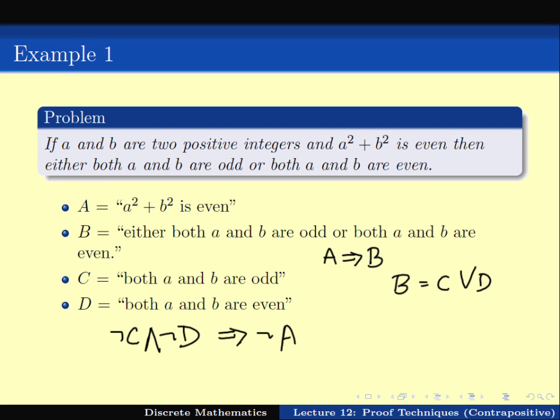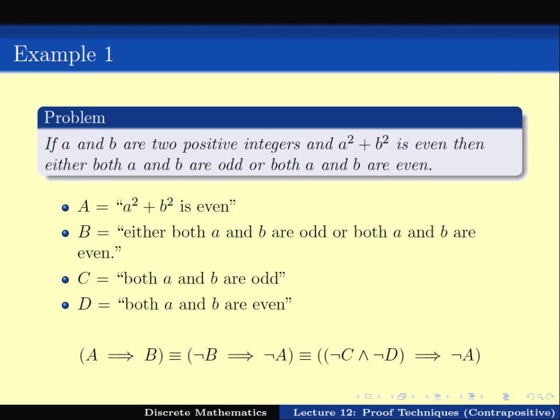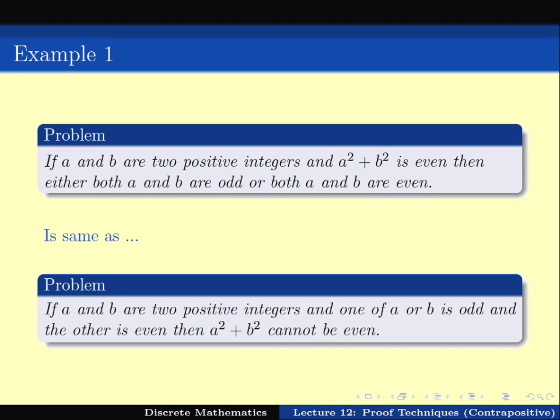So the new formulation is that if one of A and B is even and the other odd, then prove A square plus B square is odd. So this problem becomes the same as: if A and B are two integers and one of A or B is odd and the other is even, then A square plus B square cannot be even, or is odd.